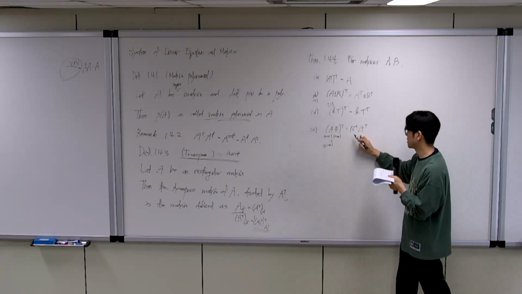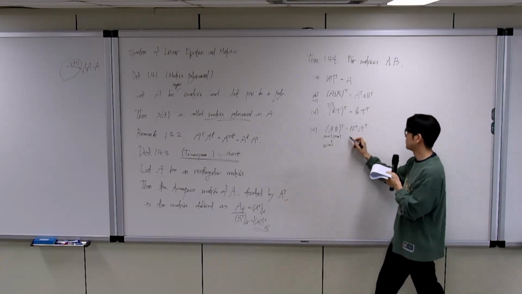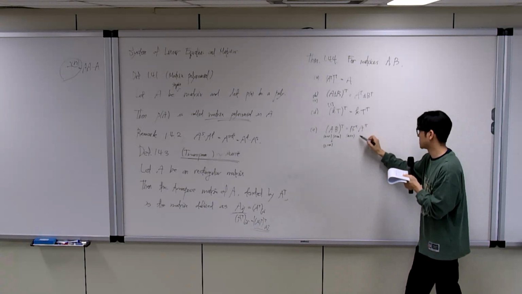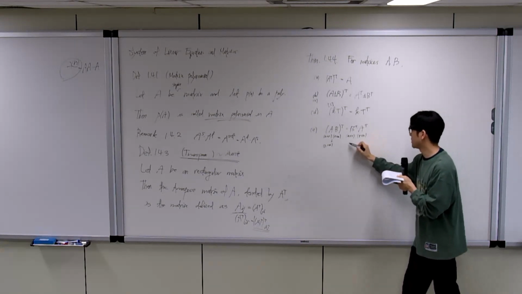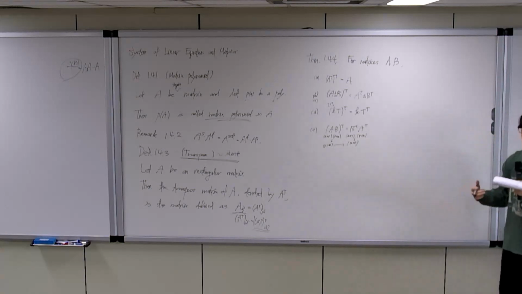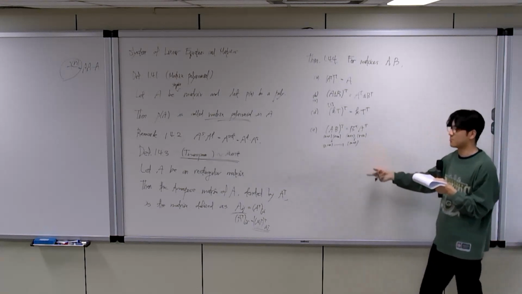In this case, B transpose is m times r, and A transpose is r times n, and it will give m times n. So the size can satisfy this formula.